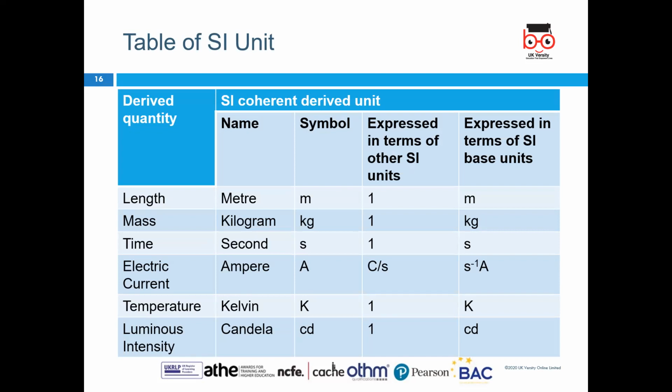So for length, we have the name meter, the symbol is small m. The expression in terms of other SI units is 1, and it is expressed in 1 base unit of SI. Similarly, we have kilogram for mass, seconds for time, ampere for electric current, which is expressed in terms of C by S, which is ampere per second.